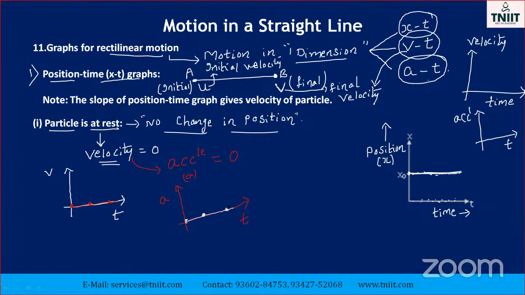Hope you got the concept of the xt graph, vt graph, and at graph when the particle is at rest. So this is how we are going to draw the position time graph, velocity time graph, and acceleration time graph.